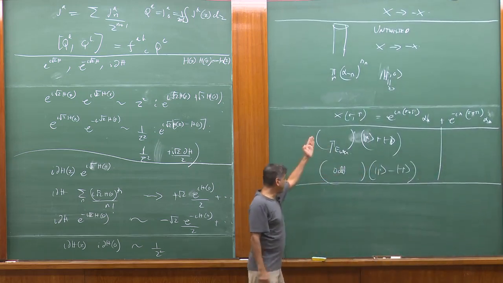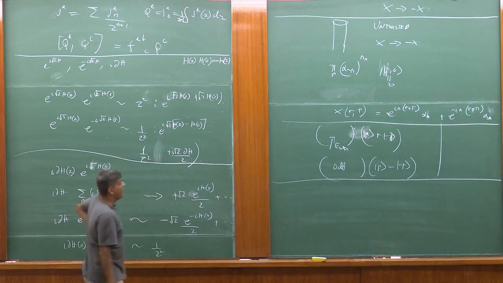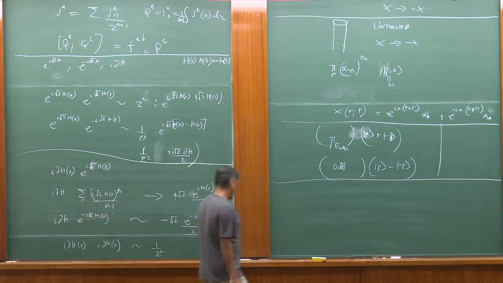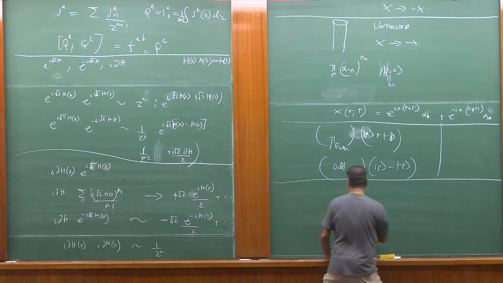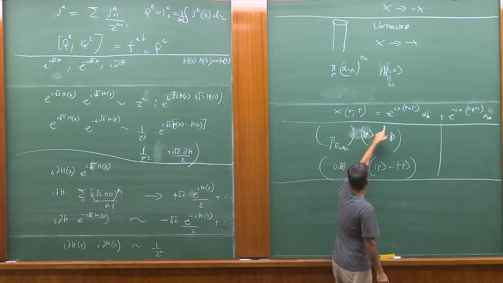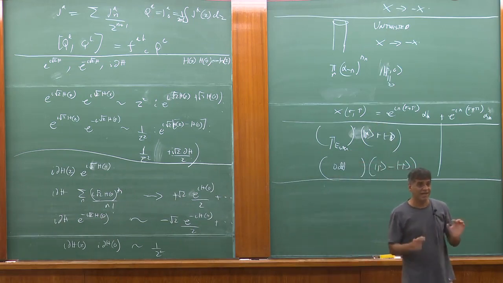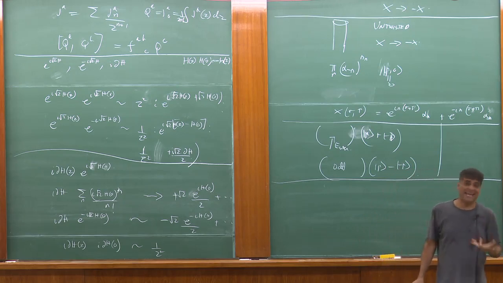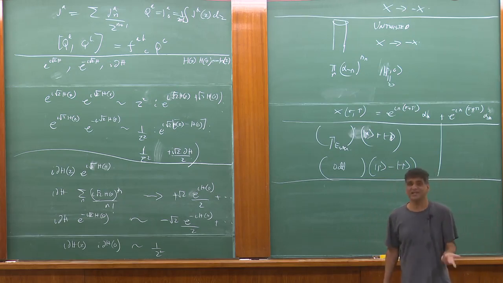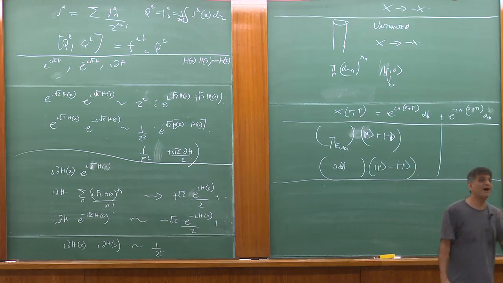Okay, so this is the spectrum in the untwisted sector. Then, of course, we have the twisted sector. Now in the twisted sector, our expansion has to, when we go from sigma to sigma plus 2 pi, x has to go to minus x. So instead of n being integer, n is now half integer.